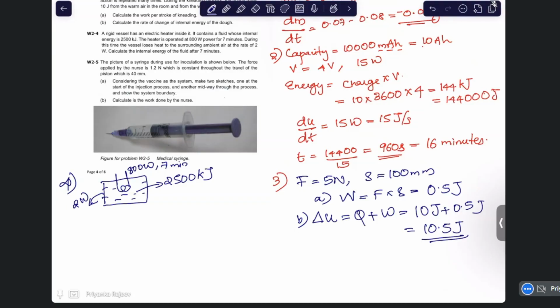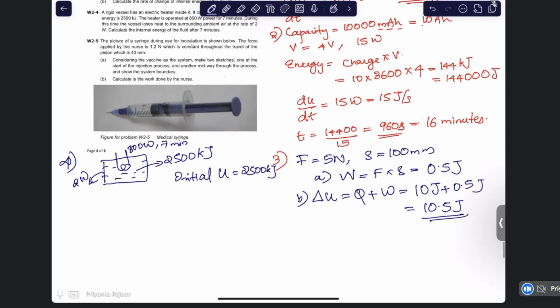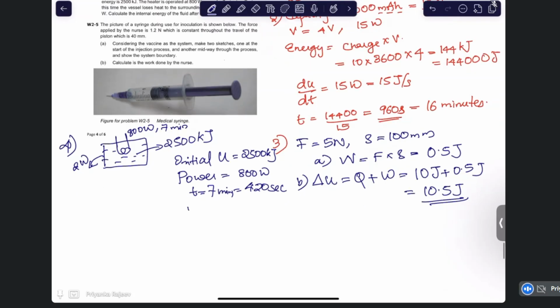So the initial internal energy, initial U, is 2500 kilojoule. Then heater power is equal to 800 watt, and time is equal to 7 minutes, which is 7 times 60, 420 seconds. Now the heat loss is 2 watt.